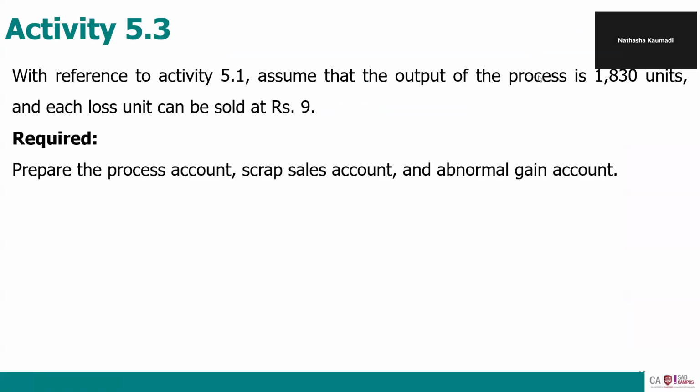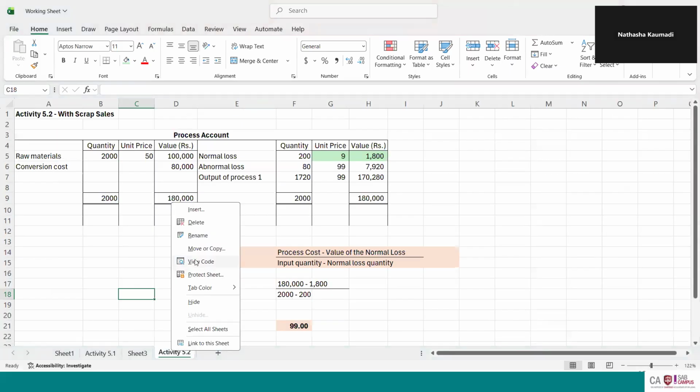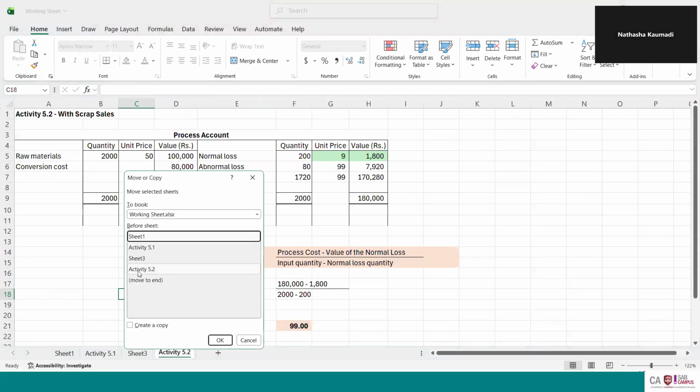Activity 5.3. We are moving to activity 5.3. With reference to activity 5.1, that means the same activity we are going to continue. Assume that the output of the process is a small difference, 1830 units. And each loss unit can be sold at 9 rupees. Right. We'll do that. So again, I'm using the same example. Let me copy.